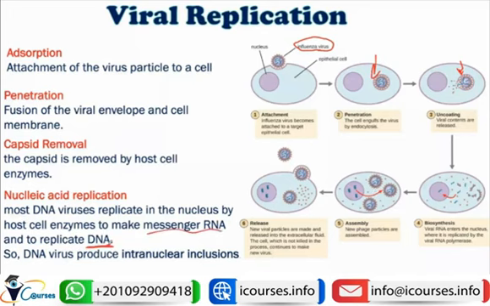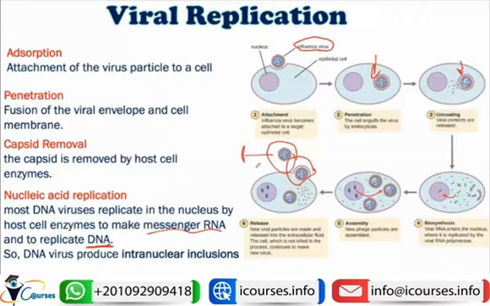Again, if there's a DNA virus, it will control the nuclear material of the host cell in order to form messenger RNA, in order to replicate the viral DNA. Then it will fuse with the capsid again, and it will be released outside the cell, forming a new virus, and this new virus will infect another cell, causing more viral replication. So the DNA virus will produce intranuclear inclusions.